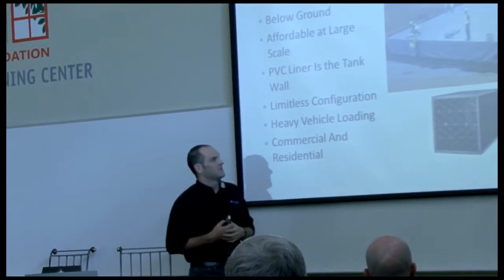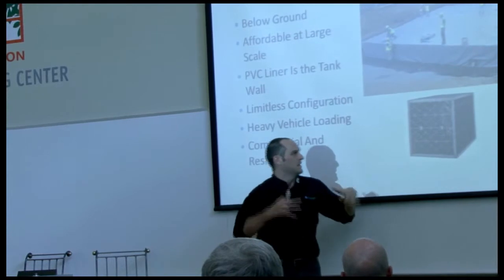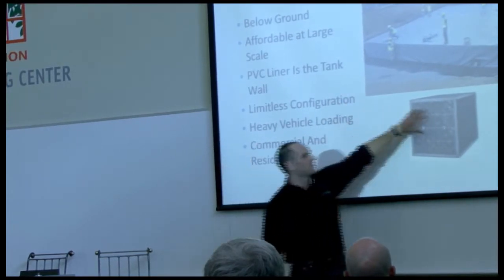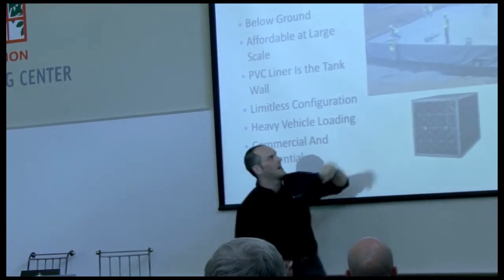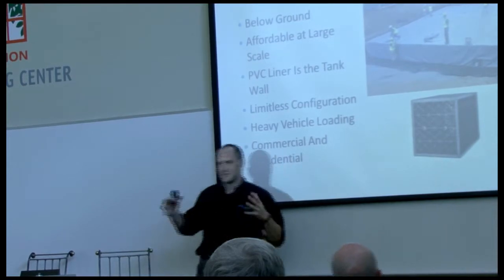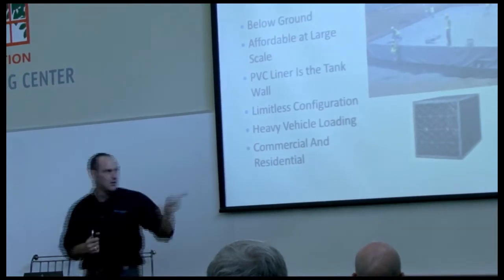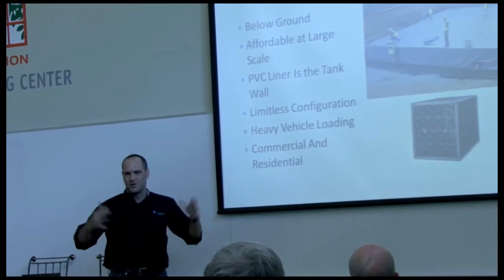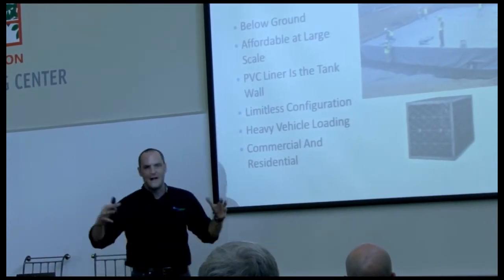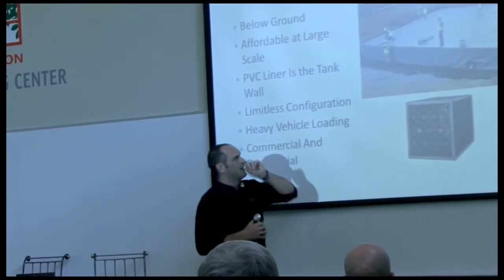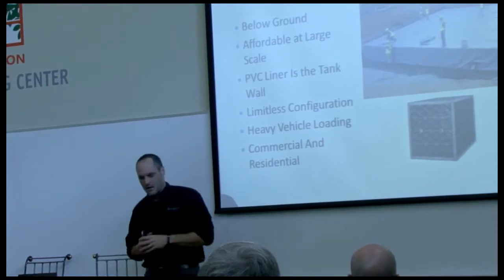What has happened is that the industry has taken this product, and rather than wrapping it in geotextile fabrics, now we wrap it in PVC liner, so it actually becomes a tank. The unit itself is just creating a structural void below grade that'll hold the water, and then you wrap it in the liner to create the tank wall.